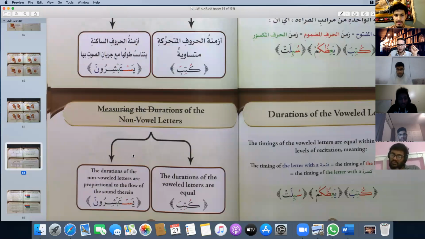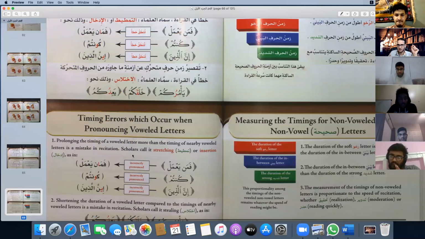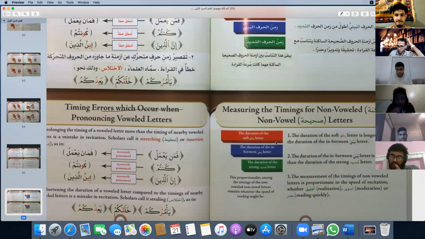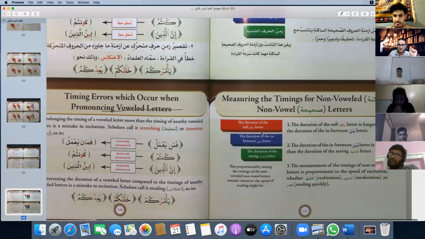No. Before that, I had something different. Okay, this slide here: measuring the timing for non-voweled letters. The duration of the soft letters is the longest, as you see here.